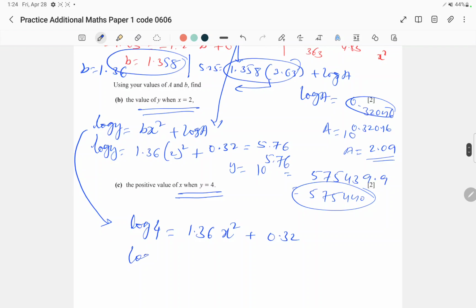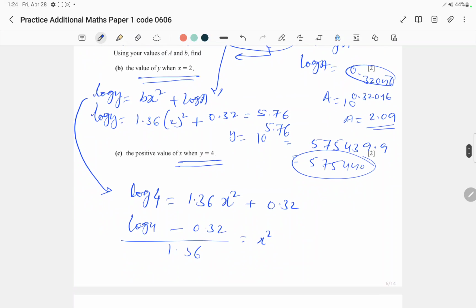So now x square equals log 4 minus 0.32 over 1.36. Let's find it first. That is 0.2074.